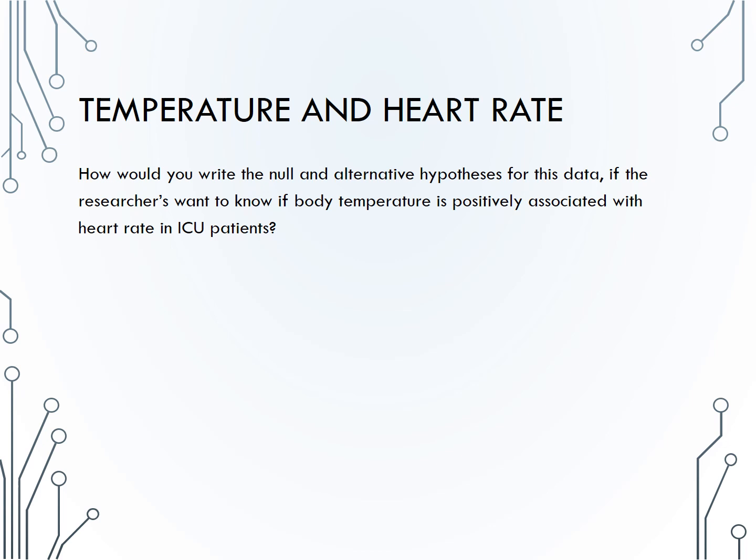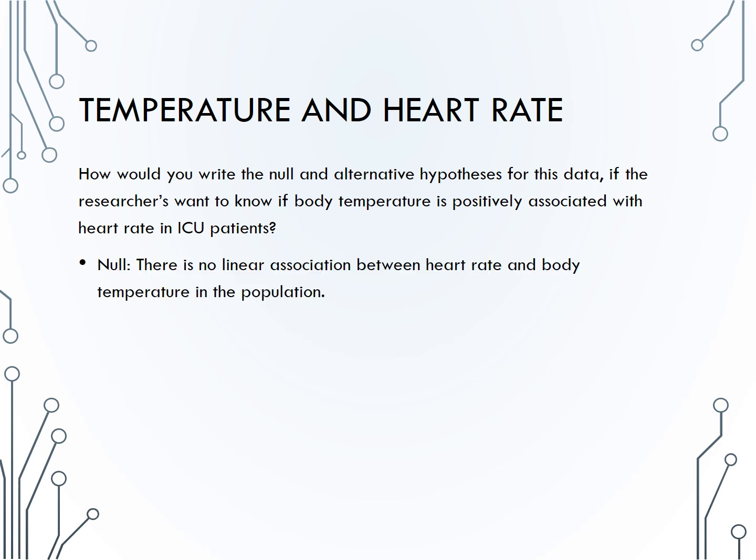So, take a minute and write the null and alternative hypotheses for these data, if the researchers want to know if body temperature is positively associated with heart rates in ICU patients. The null hypothesis here is that there's no linear relationship between heart rate and body temperature in the population.